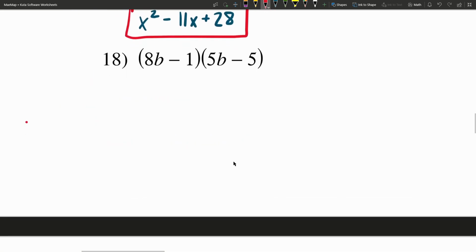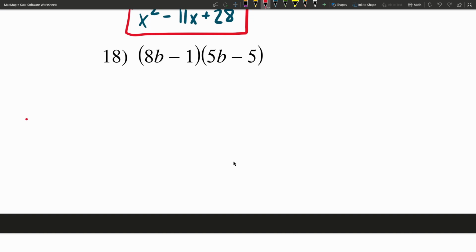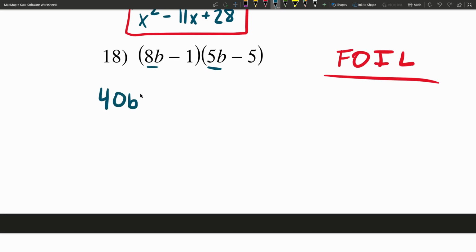Let's move on to the last problem on this worksheet, number 18. First, outside, inside, last, FOIL. What we're going to do is combine our first terms, 8b times 5b, which is a 40b squared. Then our outside terms, 8b and this 5, that's subtracted. So that's 8b times negative 5, which is a negative 40b or minus 40b.